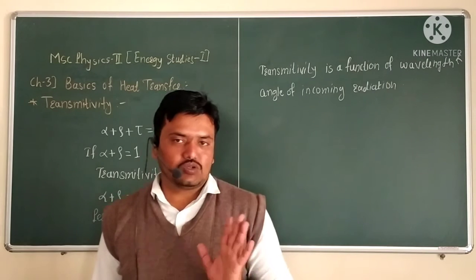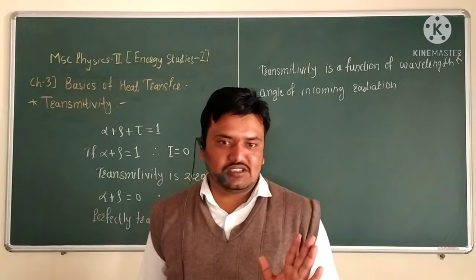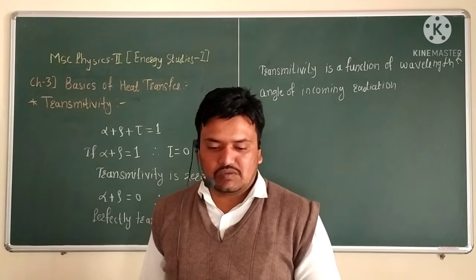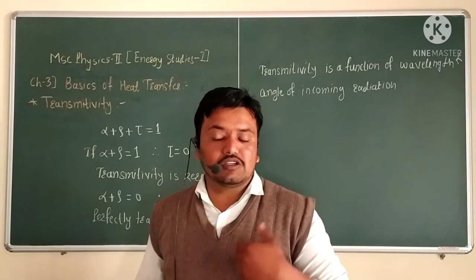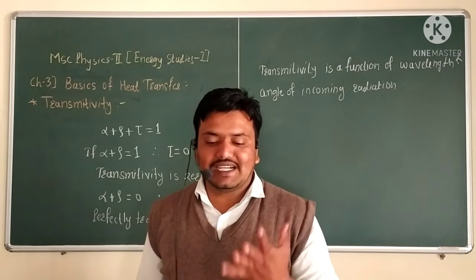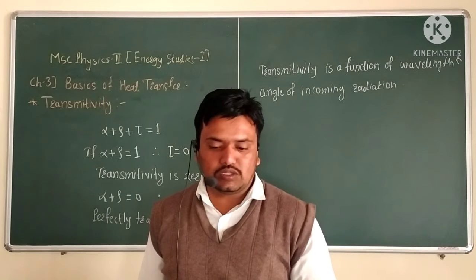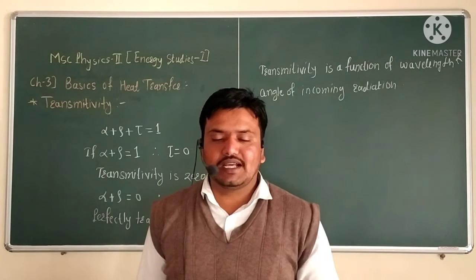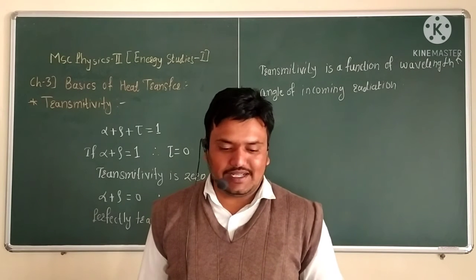and tau equal to 1 is considered a transparent surface, or also translucent, because it depends on both the reflection and absorption of the radiation.